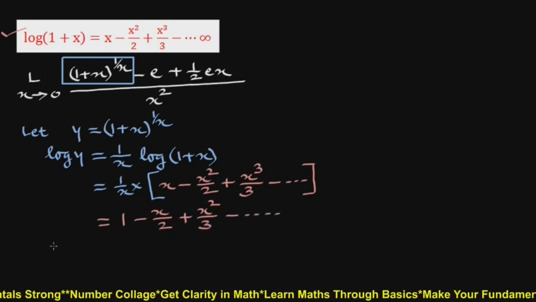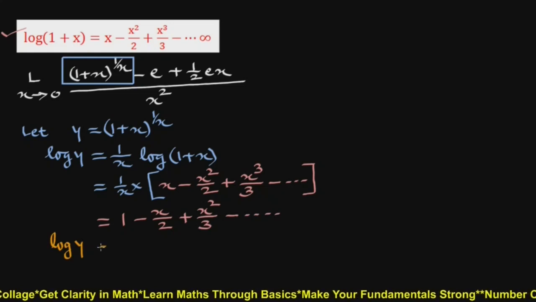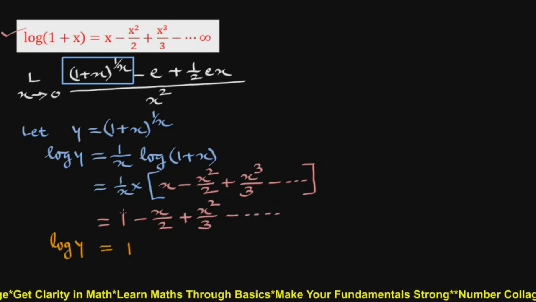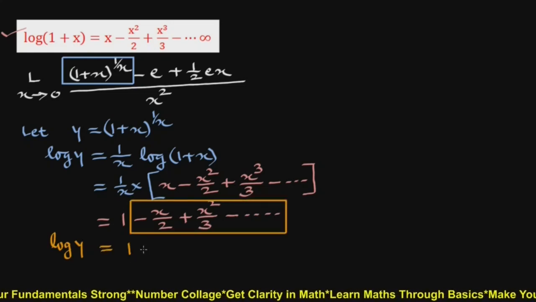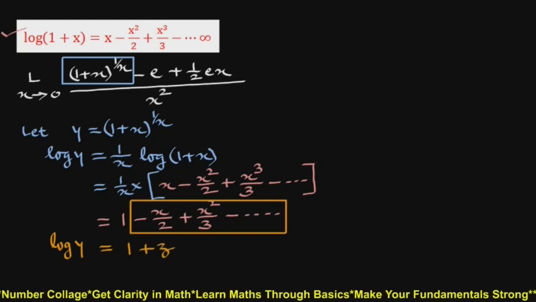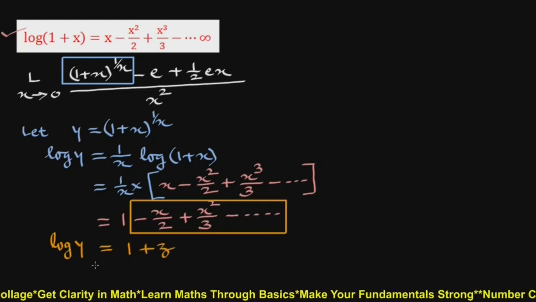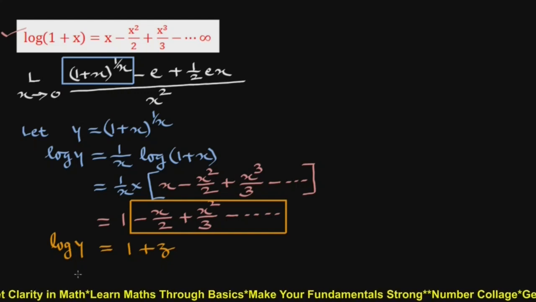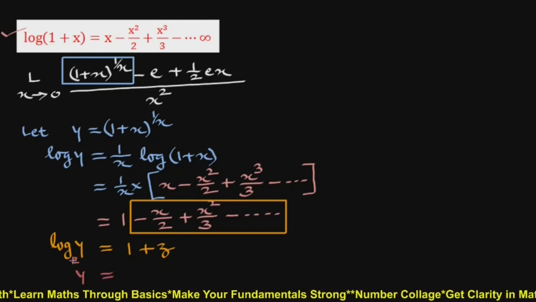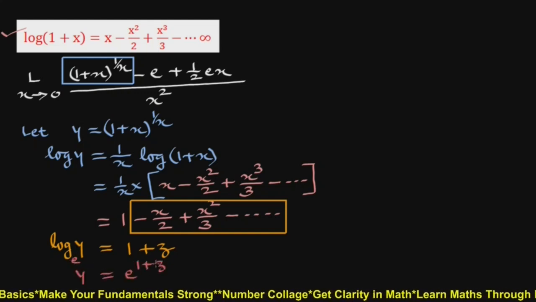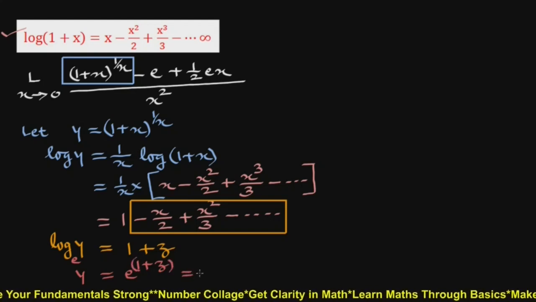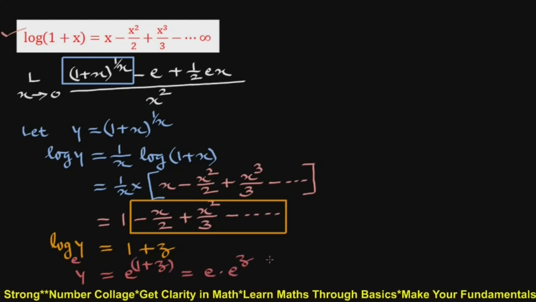This we write as log y equals 1 plus a part for which we will assume z. So according to the rules of logarithm we get y equals e to the power 1 plus z, that will be e into e raised to z.